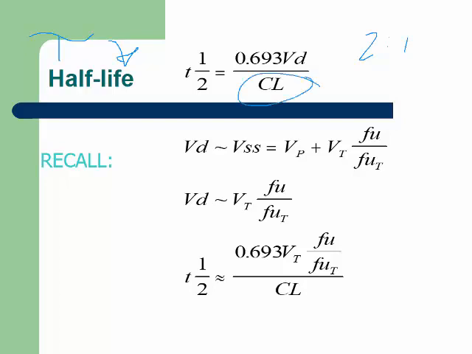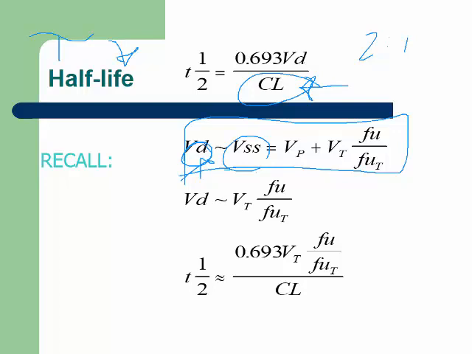If we look at clearance, then we know that our clearance, if our drug is cleared by the liver, we're going to look and see how clearance is going to change our half-life, not only our CSS average, but our half-life. Recall that our volume of distribution, our VD, is approximately equal to VSS. This is VD, apparent volume of distribution, and this is volume of distribution at steady state.